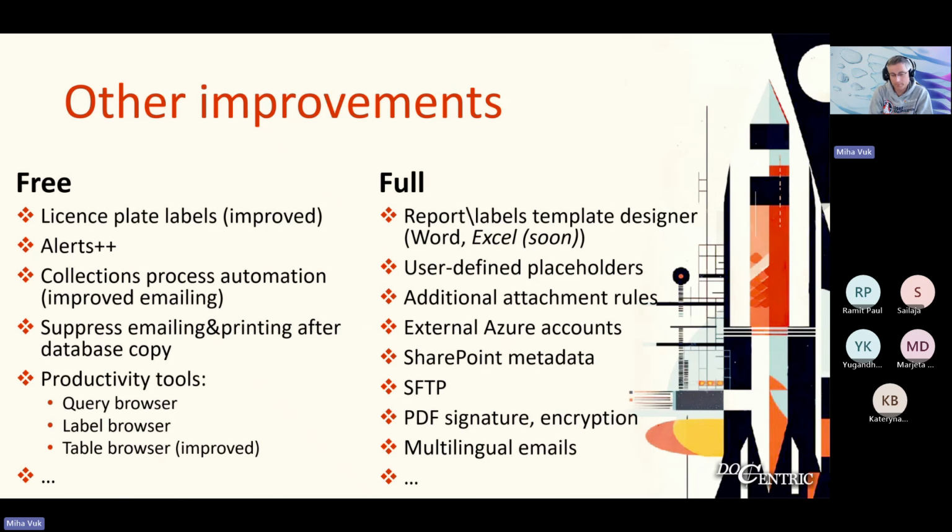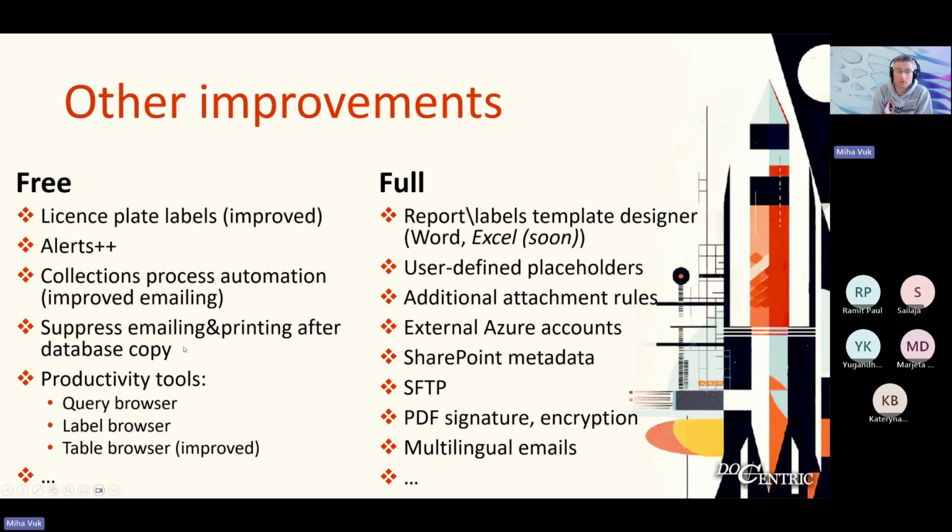Now, these were some of the features that I prepared for today's session, but there are many more. So in the free version, we support also license plate labels improvements, with a much more efficient setup. We do support a lot of improvements in terms of alerts. Then improved emailing in collection process automation that is nicer and more trackable.